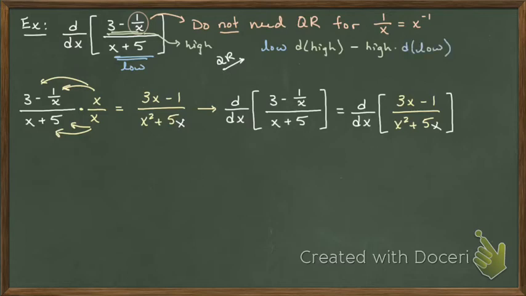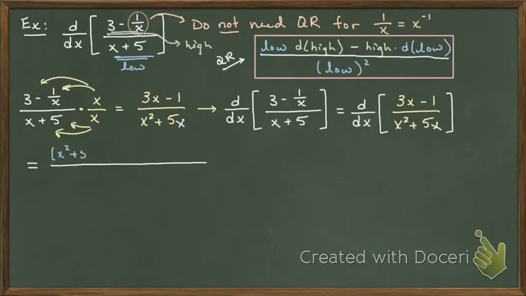Low d high, less high d low, draw a line and square below. Okay, so I always remember quotient rule that way with that little jingle. I don't know why, it just works well for me. So I've kind of stuck to that.